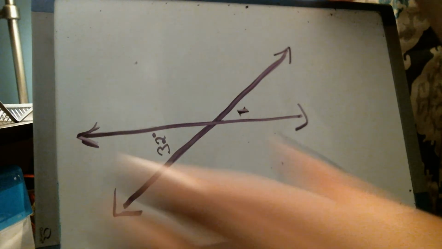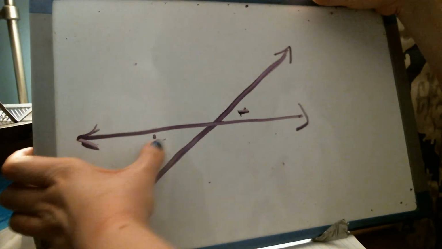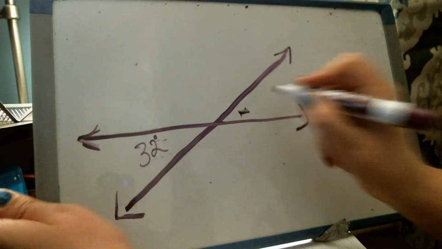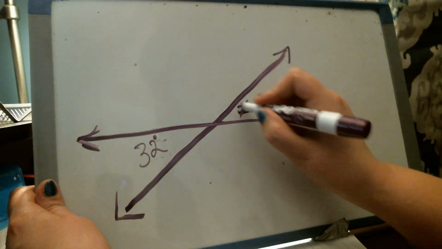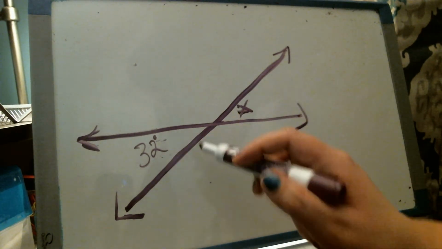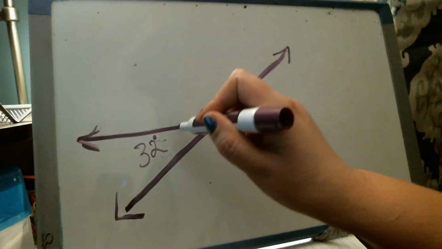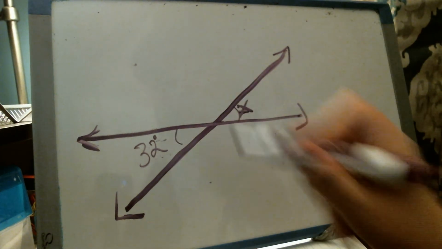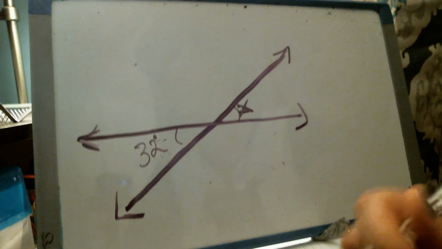Oh, goodness. There we go. Let me just rearrange this. There we go. And x is still mostly the same. All right. So these angles are vertical angles because they're across from each other in an intersection of two lines. So these two angles are what we call congruent.